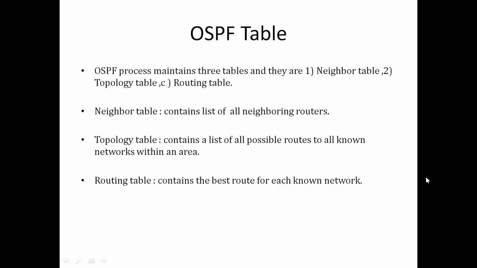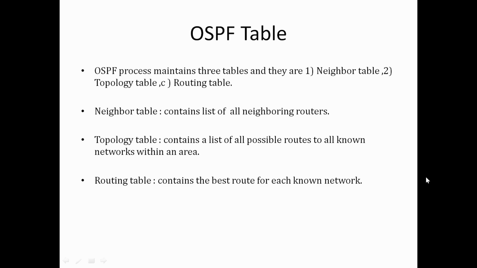And we have three important tables that the OSPF process maintains: the neighborship table, topology table, and routing table. The neighbor table contains a list of all neighboring routers.